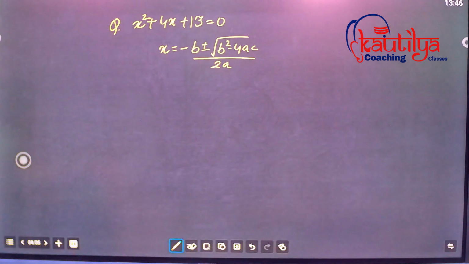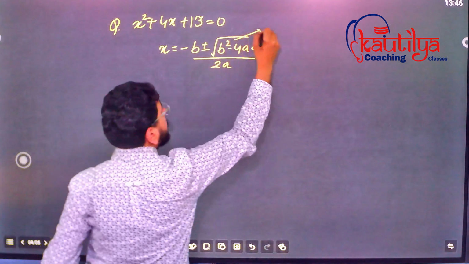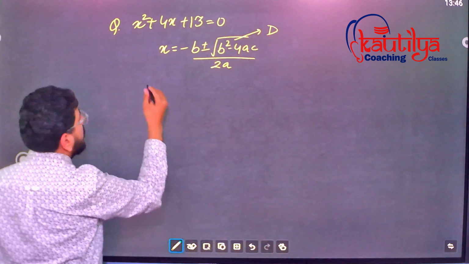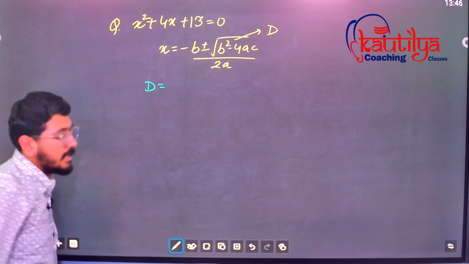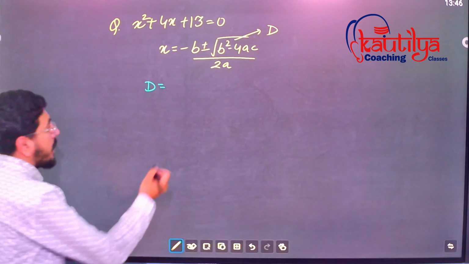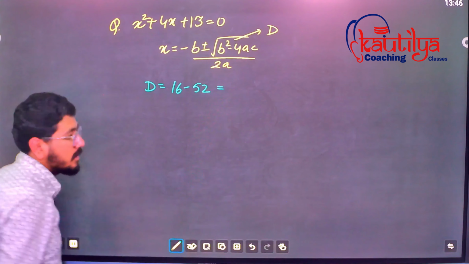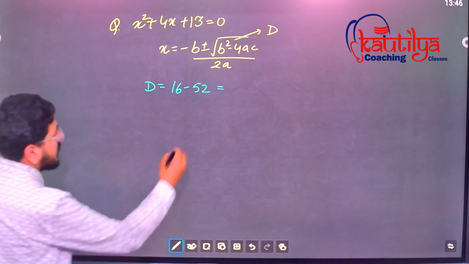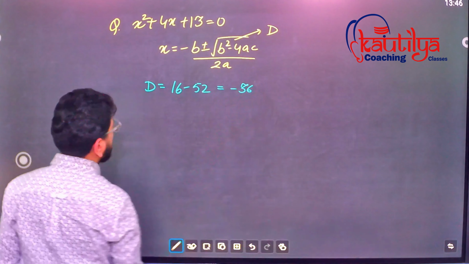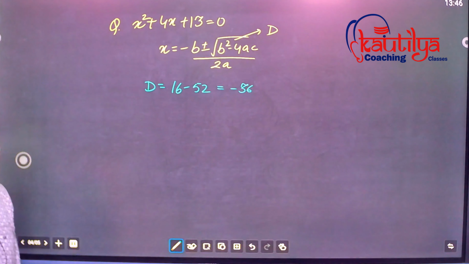This is the discriminant formula, basically this is called the D, right? If I have to find the value of D, I can easily find out the value for D, that is 16 minus 52, because b square minus 4ac, your answer is to be there, that is minus 36, right? Yes, minus 36 is there, so the value of D I got is minus 36.